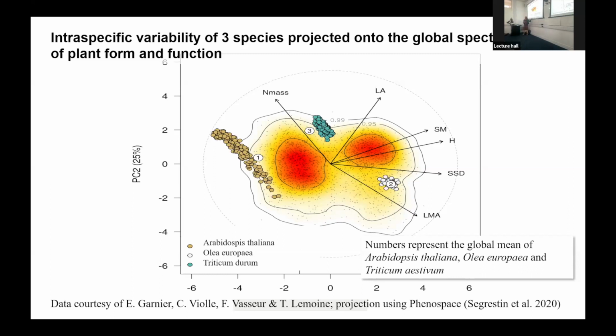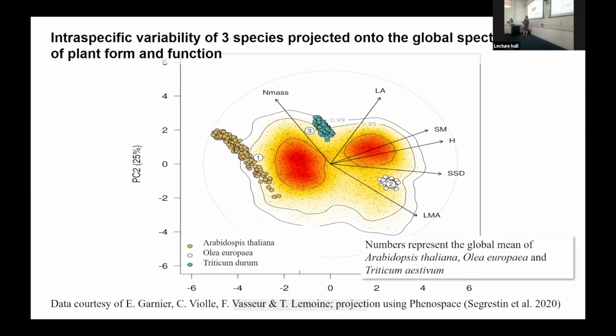This may be a bit extreme because in all cases, these populations have been deliberately bred to be as different as possible. But in any case, it's undeniable that in nature, there's a lot of intraspecific variability in traits.